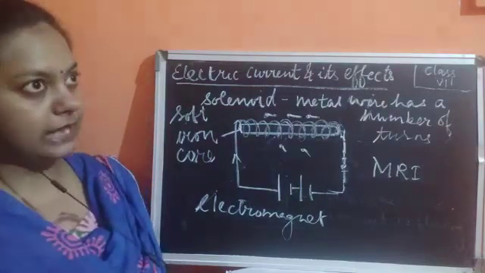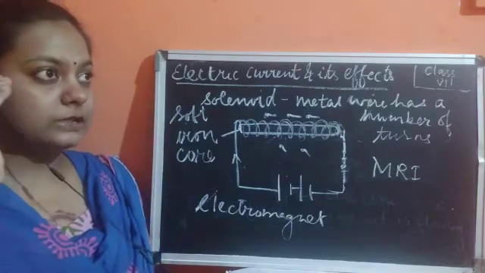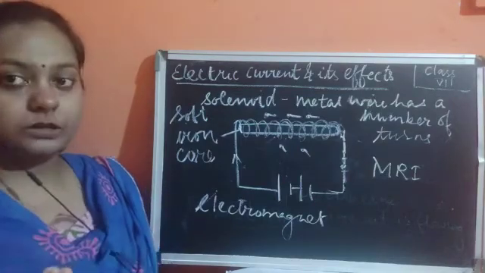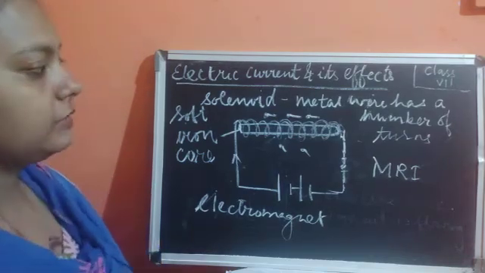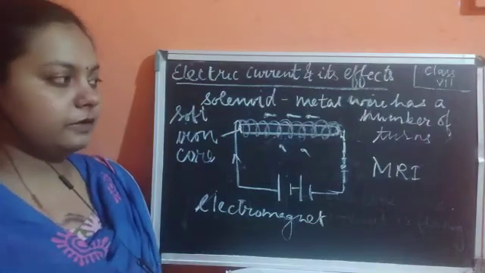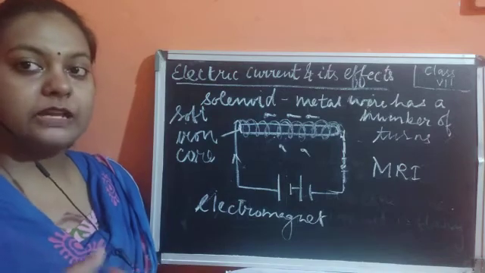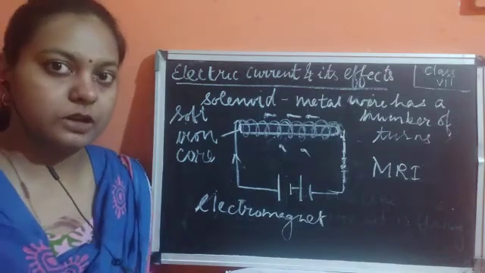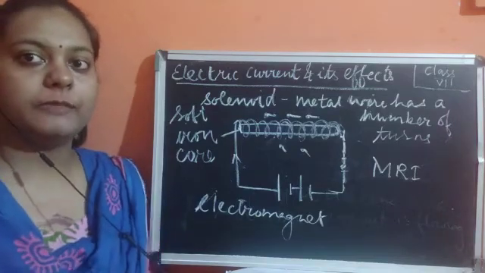Sometimes these MRIs are specially done for the head. So this is utilized for taking images of your brain, or for taking out the internal structure and studying the internal organs, if there is any problem in those internal organs or in the brain. So this is utilized in the field of medicine also.